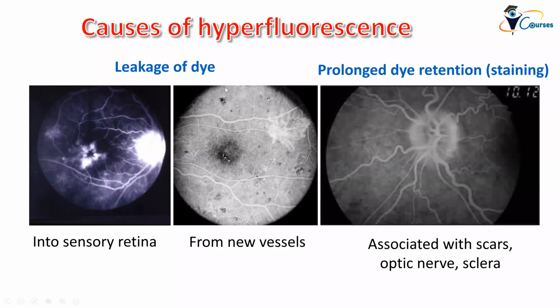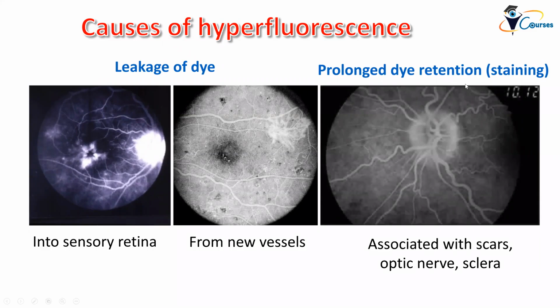Also, the leakage of the dye can occur due to presence of new blood vessels, like new vascularization, as happens in many proliferative retinal disorders. These blood vessels don't have the normal wall like the normal retinal blood vessels, so they will tend to leak the fluorescein.